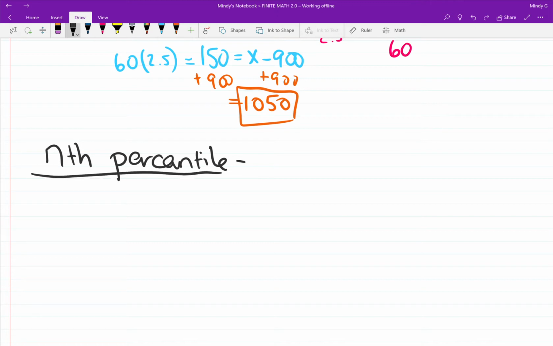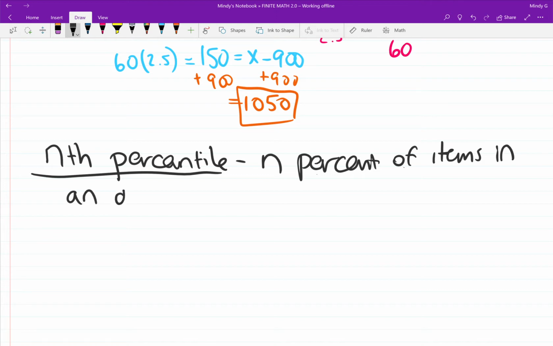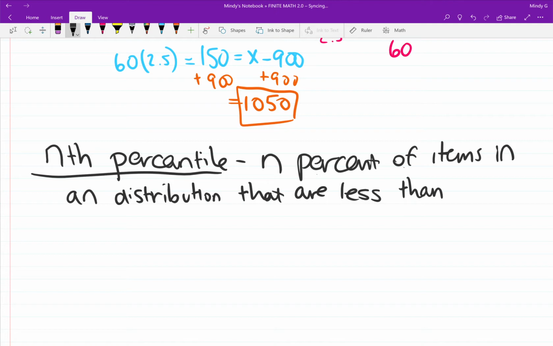The nth percentile is n percent of items in a distribution that are less than a particular data item.